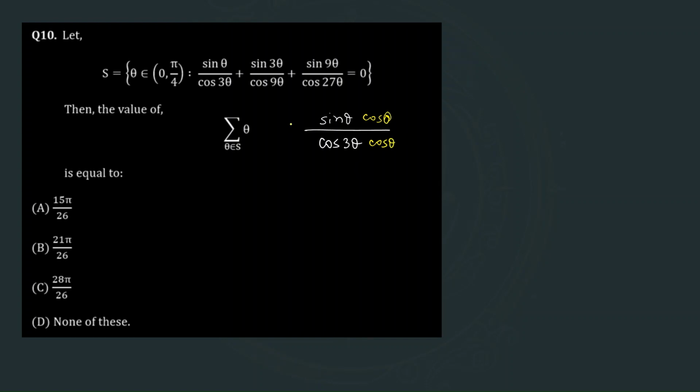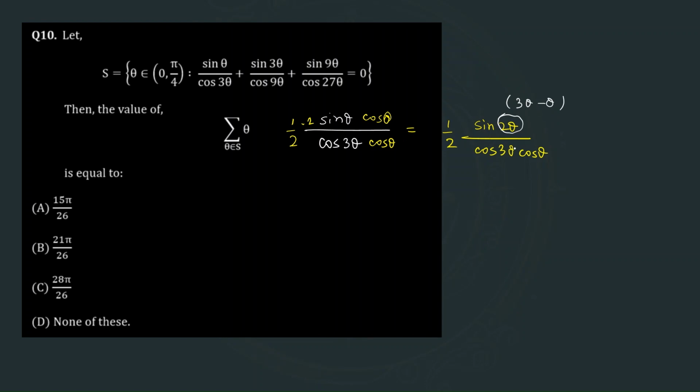And now we multiply and divide by 2. So this gives us half times sine of 2 theta divided by cos 3 theta cos theta. Now the trick is to write this 2 theta as the difference of 3 theta and theta.